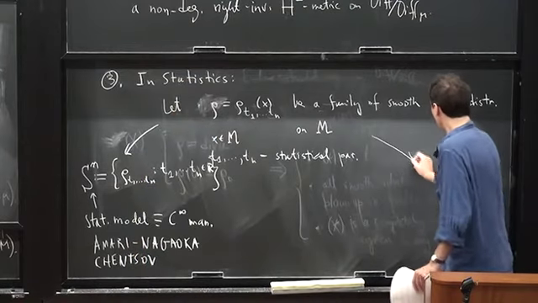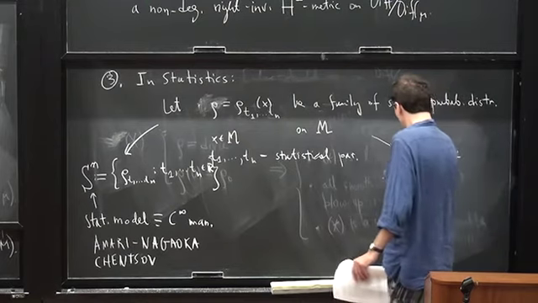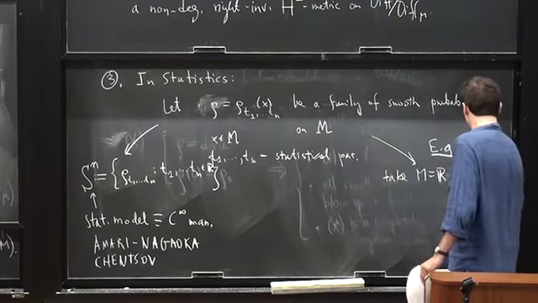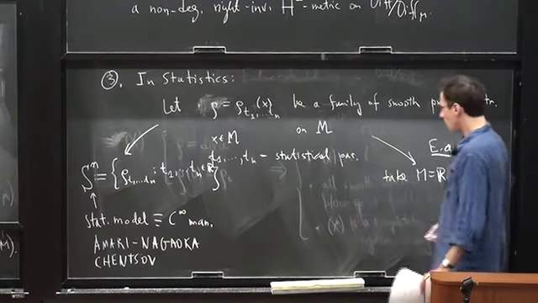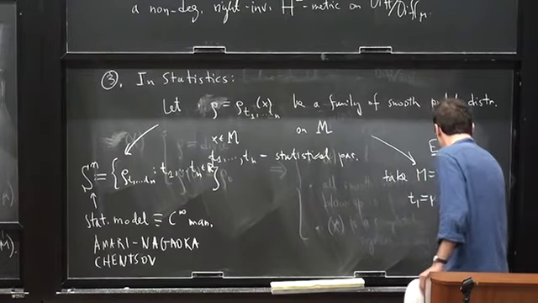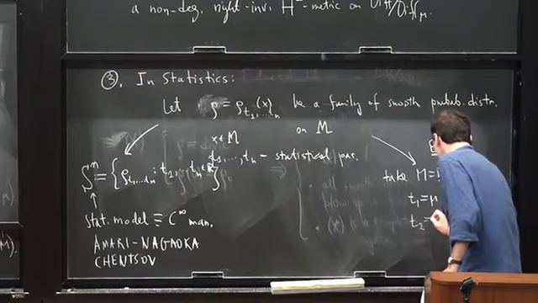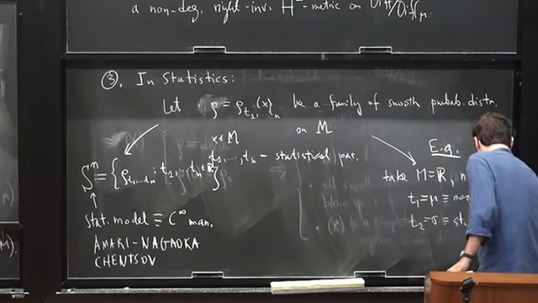Now, as an example, let's take M to be R and n to be 2, so two-dimensional. Let's take t1 to be mu, the mean, and t2 to be sigma, the standard deviation, I think.